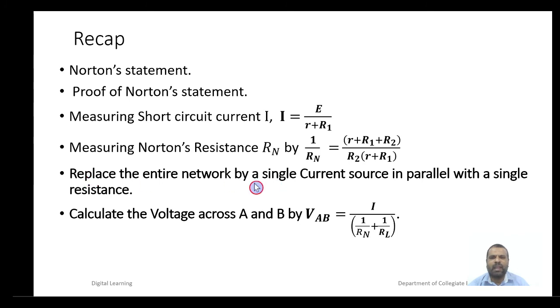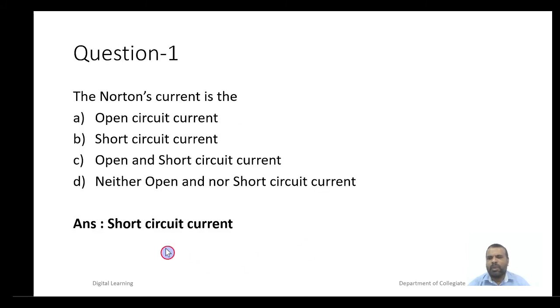Replace the entire network by a single current source in parallel with a single resistance. Calculate the voltage across A and B by VAB is equal to I divided by 1 by Rn plus 1 by RL. Depending on this session, we have some questions.